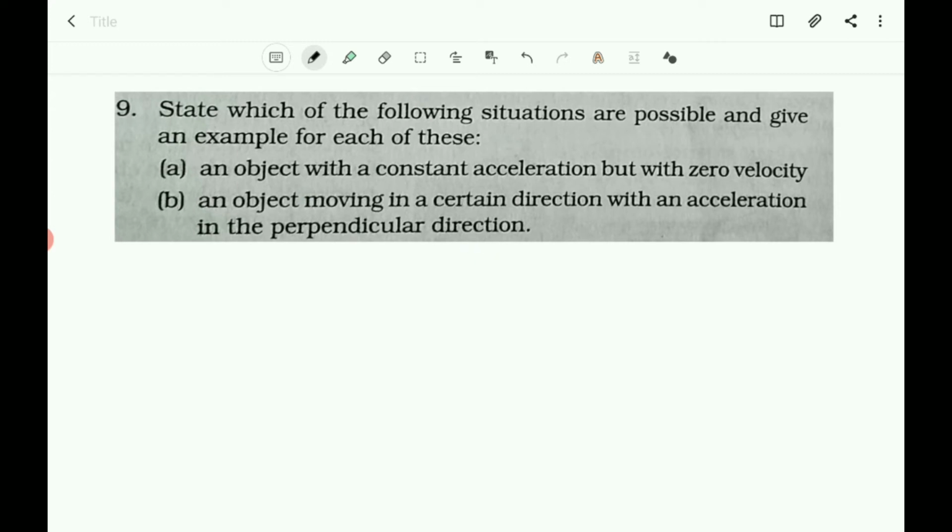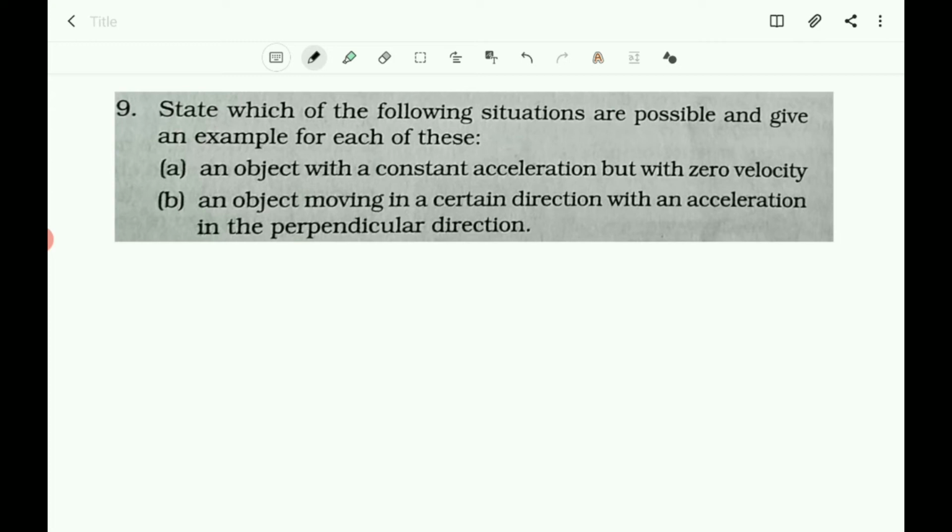An object with a constant acceleration but with zero velocity, one situation, that is the situation A. Second situation, that is B. An object moving in a certain direction with an acceleration in the perpendicular direction.